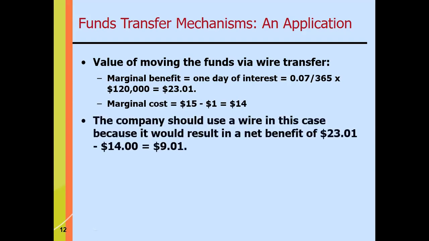Then in this case, the company should use a wire because it would result in a net benefit of $23.01 minus $14, that is $9.01.